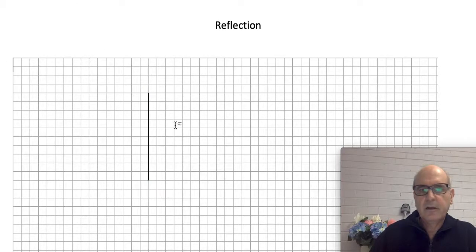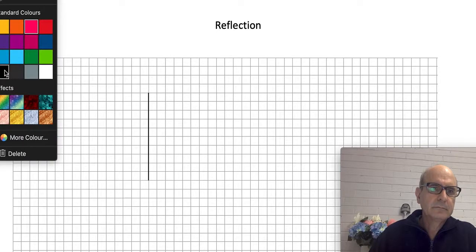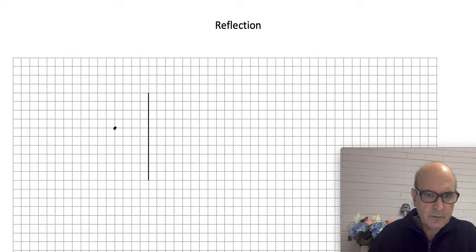say this is a line, and then say we have a point, like this point, let's call it point B. All right, and we want to find the reflection of B in that line.